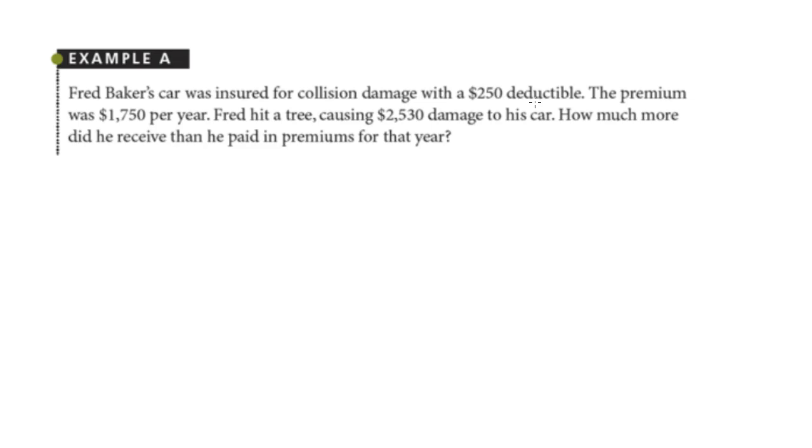The premium was $1,750 per year. So Fred pays $1,750 a year to have his insurance. That's what the premium represents, if you remember the premium on that previous slide.